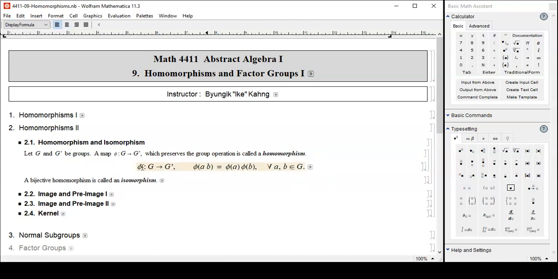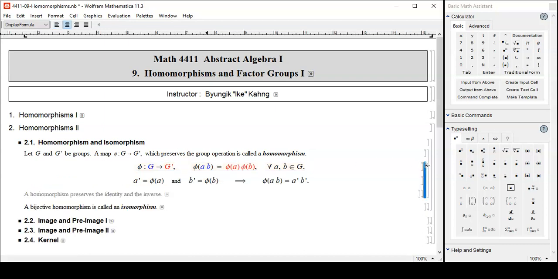As you can see from here, it's sending from G to G prime, and then the group operation A times B in G is preserved under this application of phi as phi of A times phi of B, which is in G prime. So that's a group operation in G prime. So blue versus red. Blue operation, red operation. Can you see that? And that has to work for any pair of elements A and B.